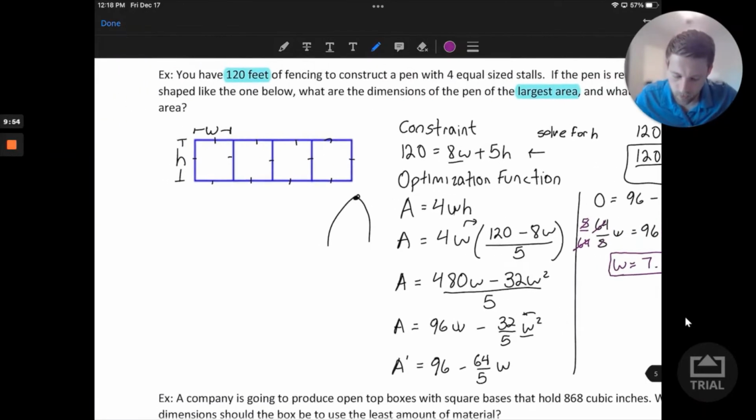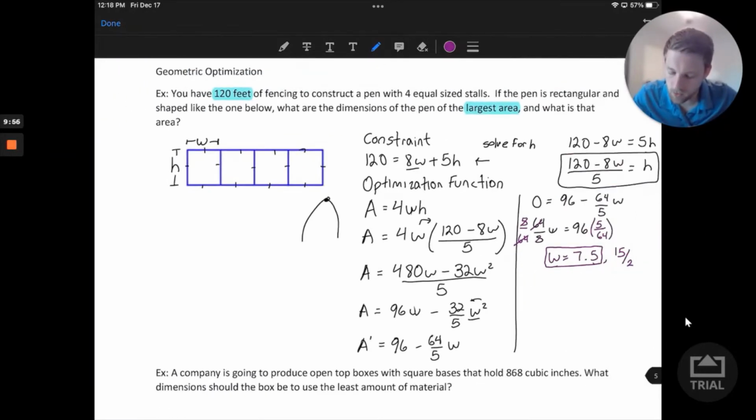So in other words, our dimensions here were in feet, so the width is going to be 7.5 feet. I'd like to know what the other dimension is, because I do want to eventually find the actual area of the pen. And so we can consider the constraint one more time to find the height here.